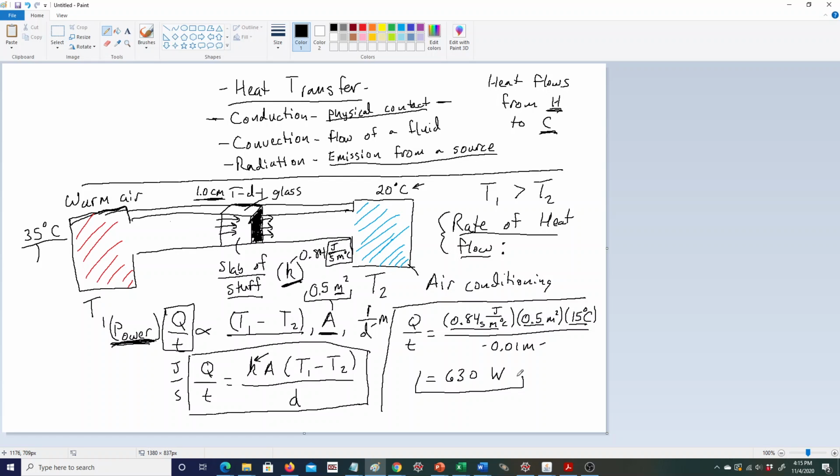Now, one thing to note is that this is a rather warm day. 35 degrees Celsius is extremely warm. It's warmer than most of the planet gets at any one given time. A more typical value would be something around 30 degrees Celsius, maybe 27 degrees Celsius. That's still a really warm summer day. And if I use 30 degrees Celsius, then the rate goes down to 420 watts.